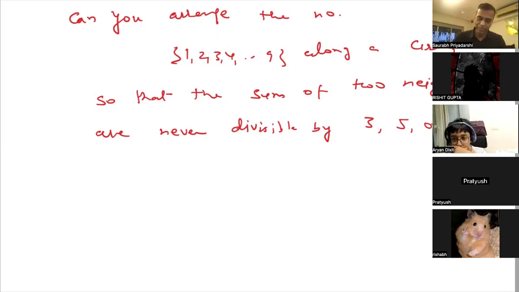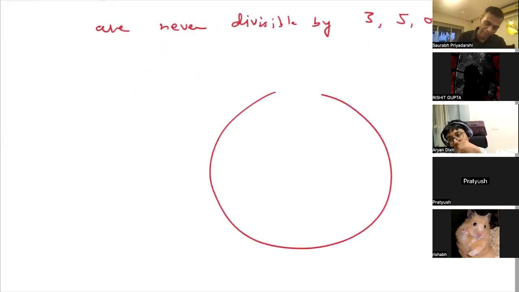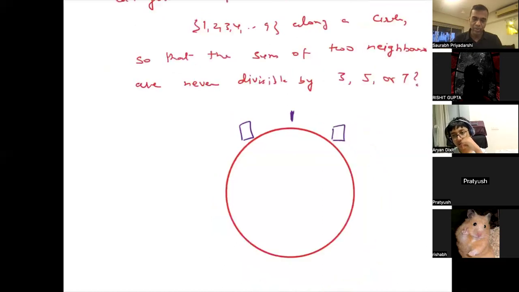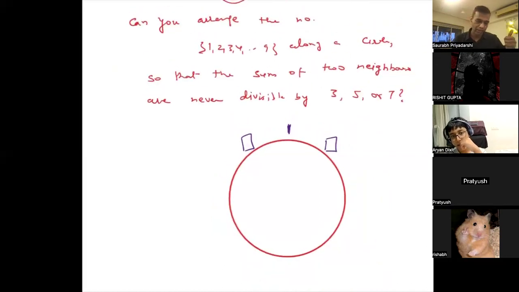What I'm saying, Navita, is see, if I'm taking a number 1 in the circle, in the neighbor of this, I'm not able to take 2, right? 2 will not go in this one. 4, not possible. 5, not possible. 6, but 5 is possible? 5 plus 1 is 6, so that will be divisible by 3.